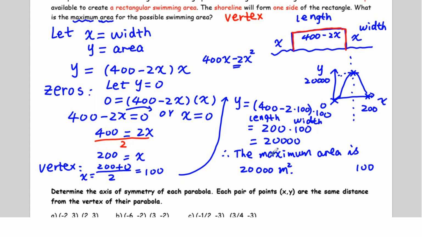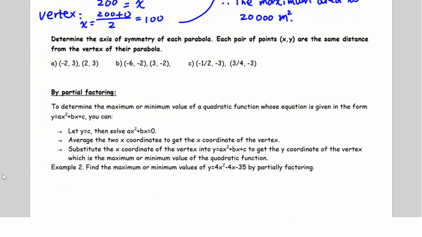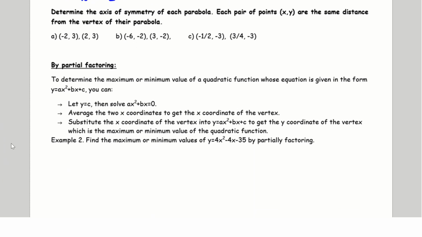If you are looking for dimensions, then the dimensions are 200 meters by 100 meters. So this is for that question. It didn't ask you for the dimensions, so you could just say the maximum area is 20,000 meters squared. So this is finding the maximum or minimum by fully factoring.